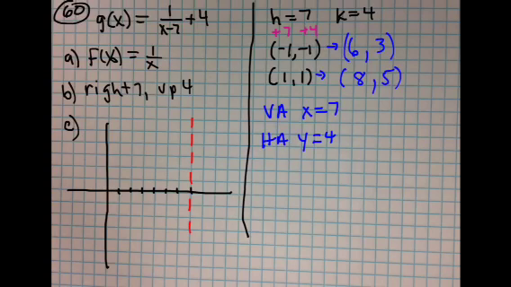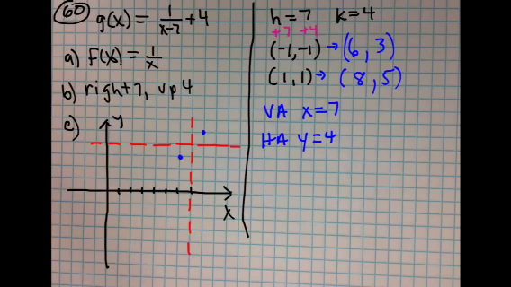The horizontal asymptote at y equals 4. This is y, this is x. And then the point 6, 3, so that would be 6, 3 right here, and 8, 5 right here.